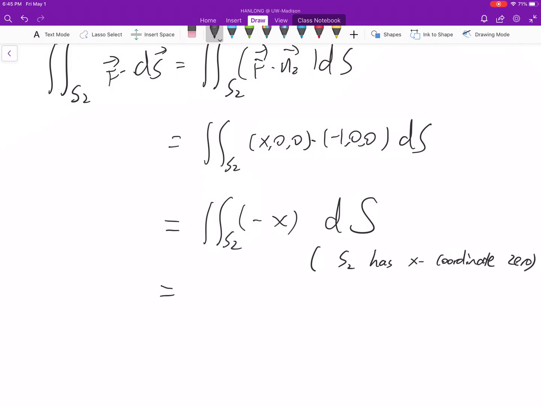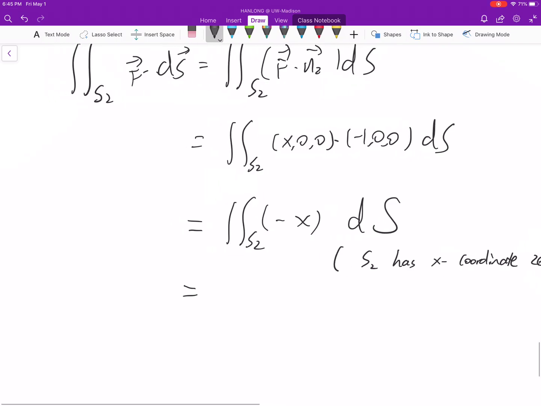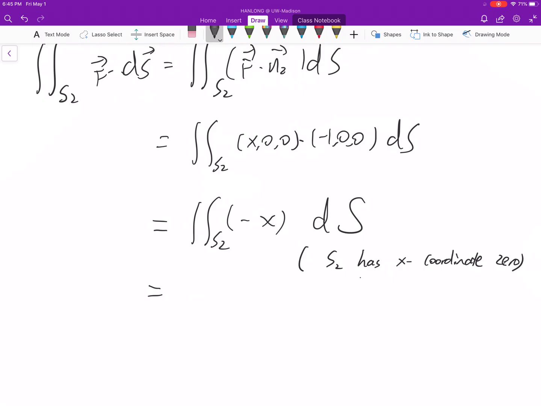Therefore, no matter what parameterization you have, you can plug in x is 0.